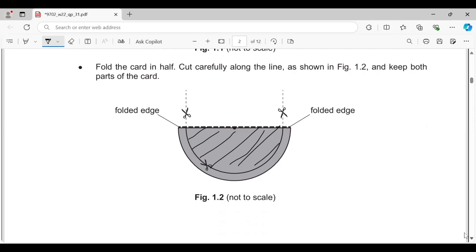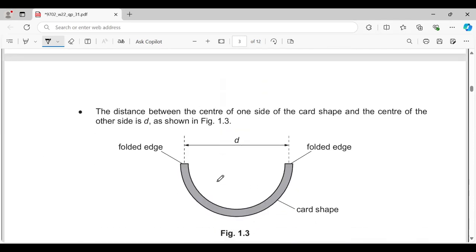Okay, and until it becomes like this. After we cut with the scissors, we got the card. The card becomes like this, folded.